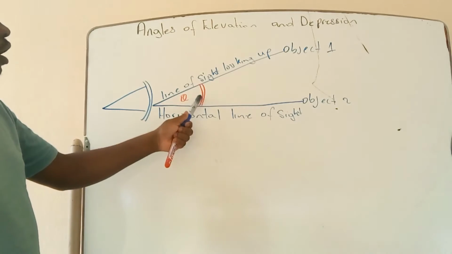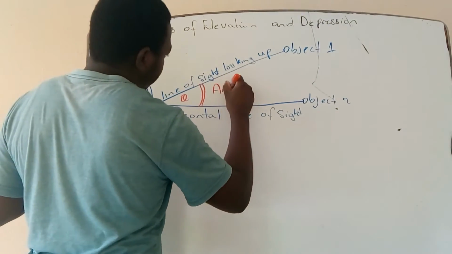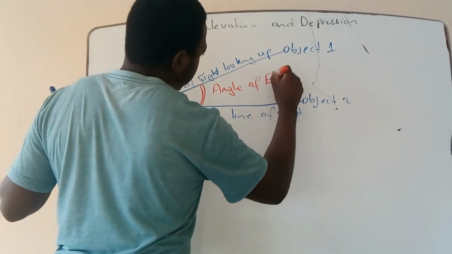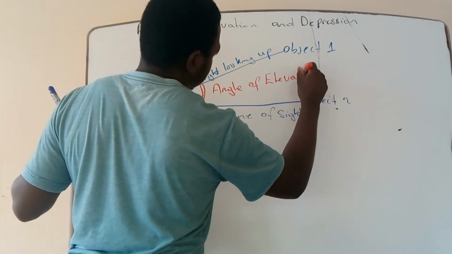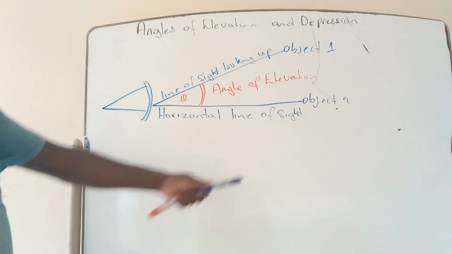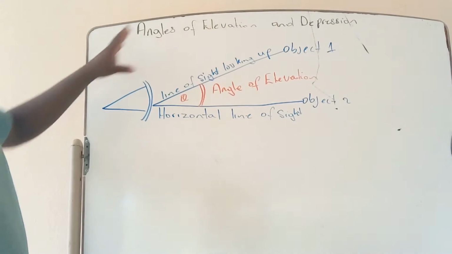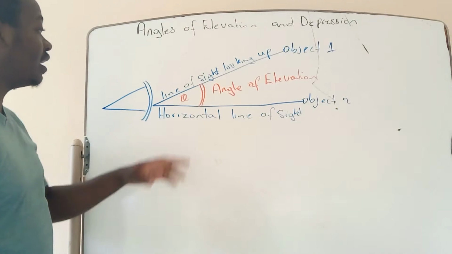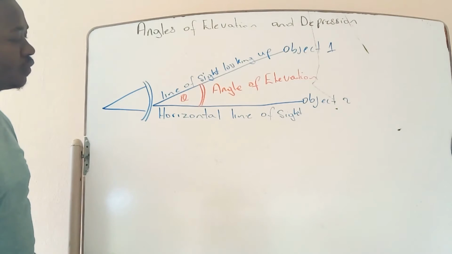What do you think we call this angle? This angle is called angle of elevation. Right? So that's the angle of elevation there. Now, with all of this information, can you put it together and give me a definition of what is the angle of elevation?